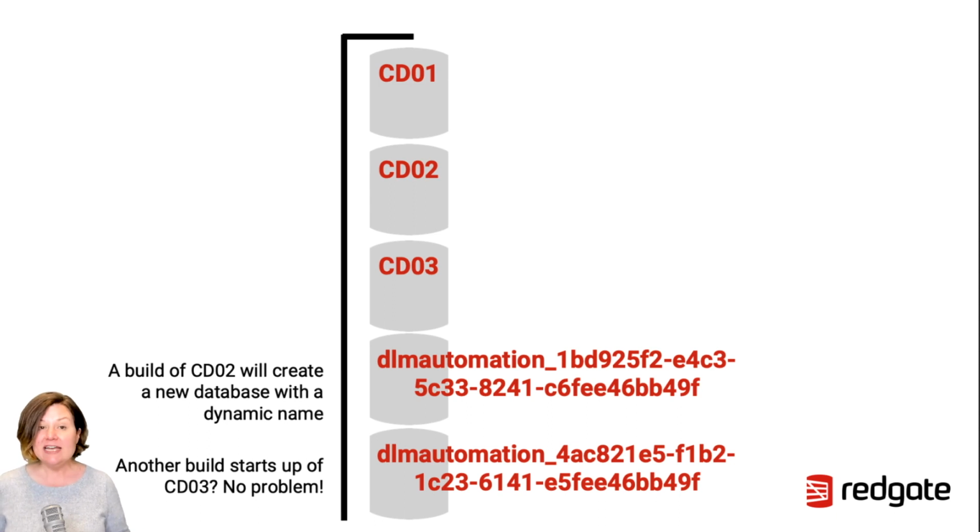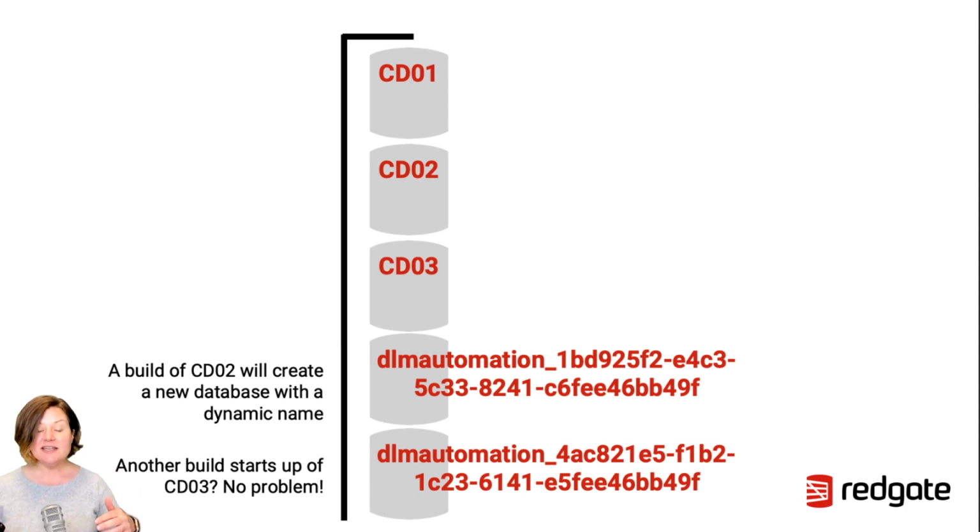And it's very, very handy to do it this way because let's say I want to support running multiple builds on this same SQL Server instance. If another build starts up for CDO3, well, as long as I've configured the build for CDO3 and I've left that database name blank, it's going to just create a new dynamically named database for CDO3.